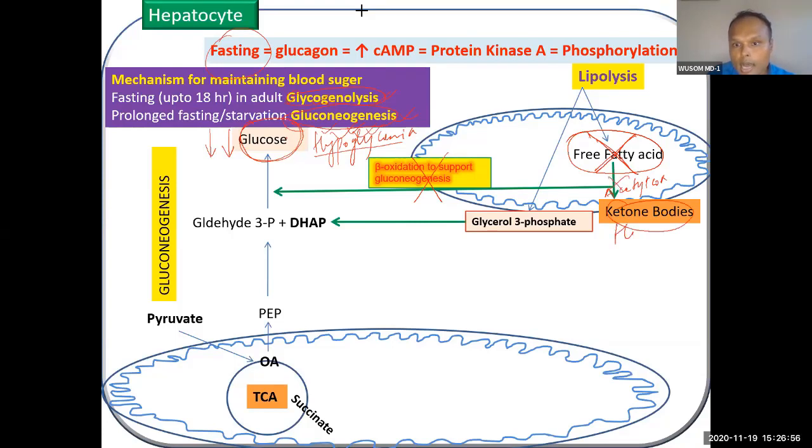So this is called hypoketotic hypoglycemia. Sometimes it is also called non-ketotic hypoglycemia. Hypo and non, just don't confuse them.